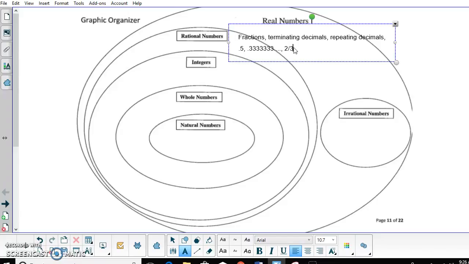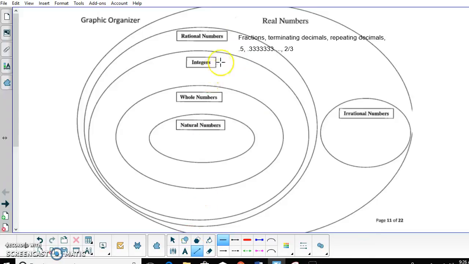If you simplify 2/3, you would get 0.6666666, and therefore it is a rational number. So all of these are your rational numbers. Let's give it an arrow so that we remember that those are all rational numbers. Let's look at integers.